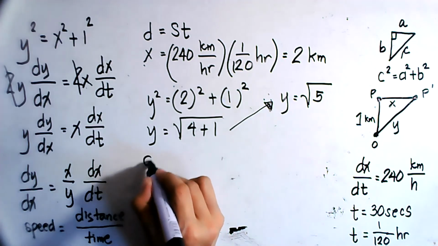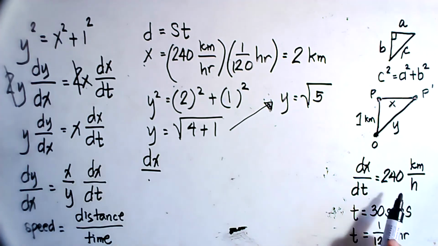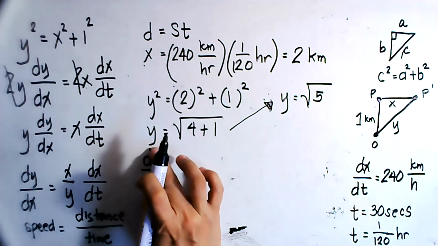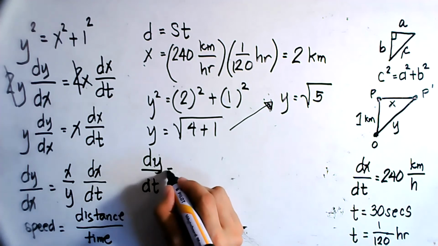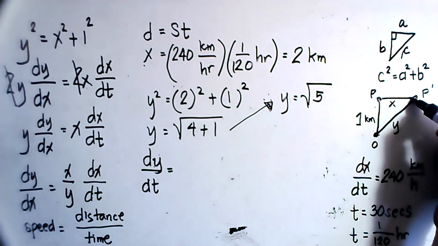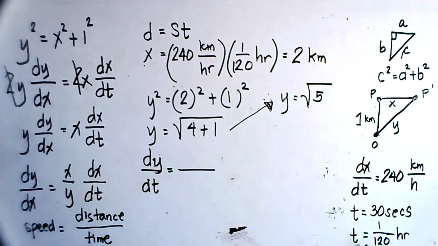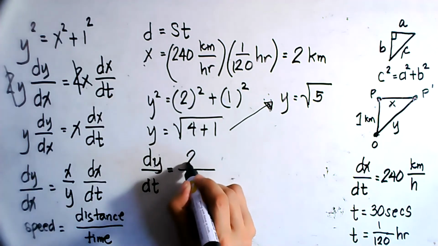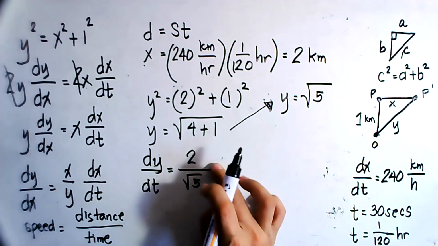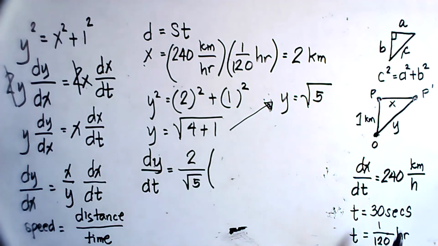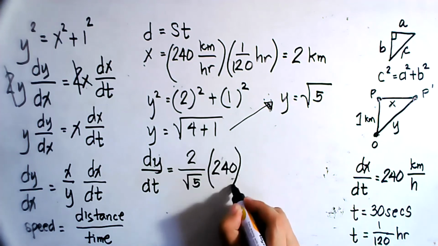So dx/dt is 240 kilometers per hour, and if we want to determine dy/dt, or the change in y position with respect to time, that is simply equal to x, which is 2 kilometers, over y, which is square root of 5, and then you multiply it by dx/dt, which is 240 kilometers per hour.